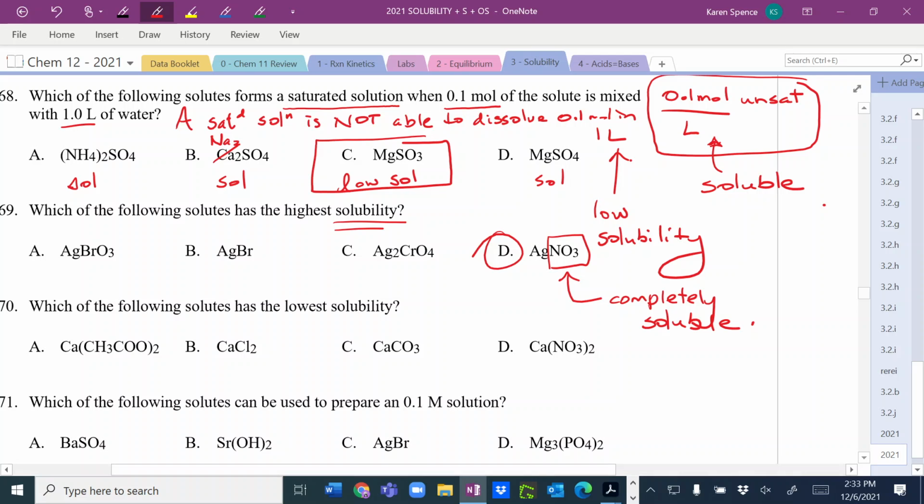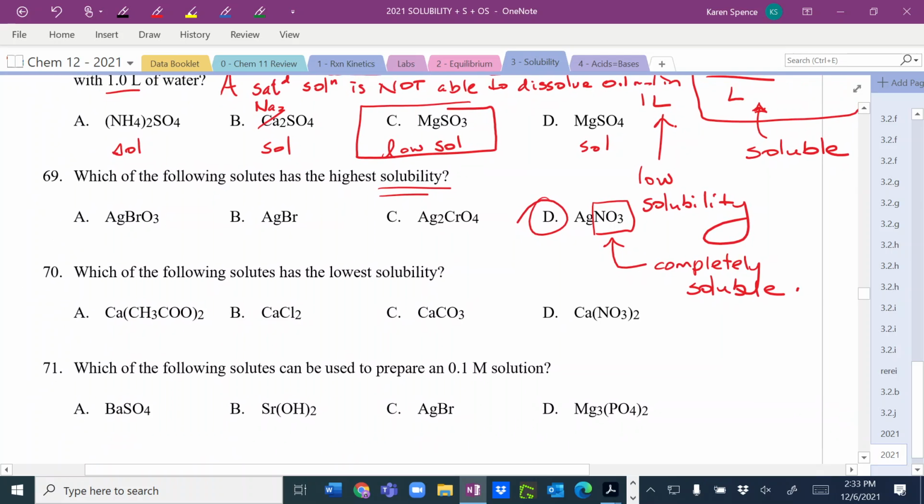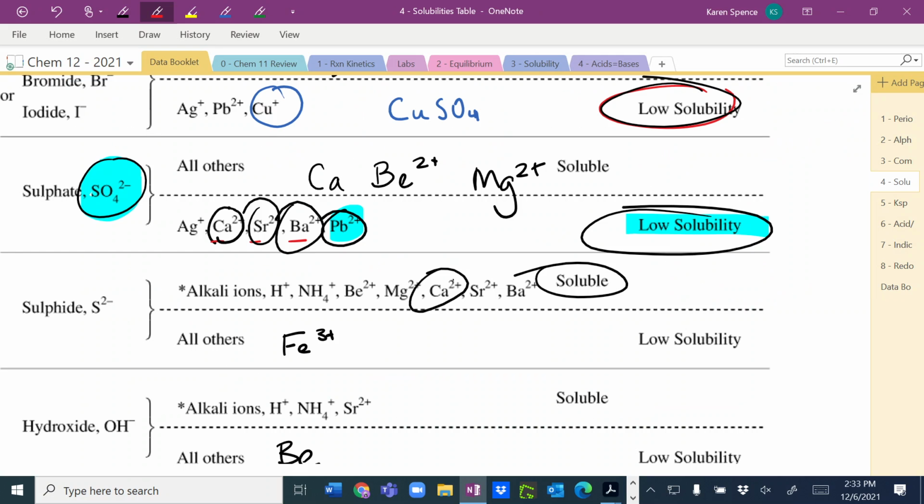Which of the following has the lowest solubility? Well, acetates are all soluble, yes. We don't talk about them a lot, but they are all soluble. Nitrates are all soluble. So we're down to 2. And you can check that on your data booklet if you want to.